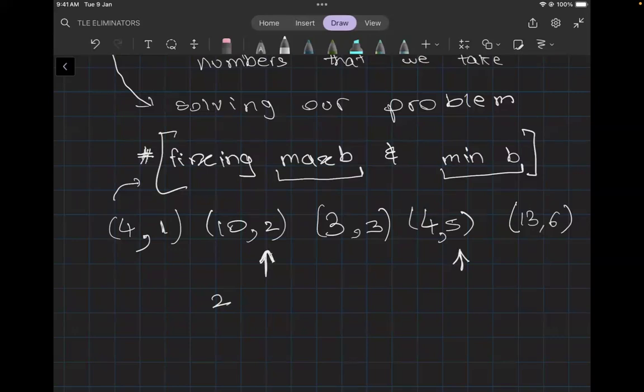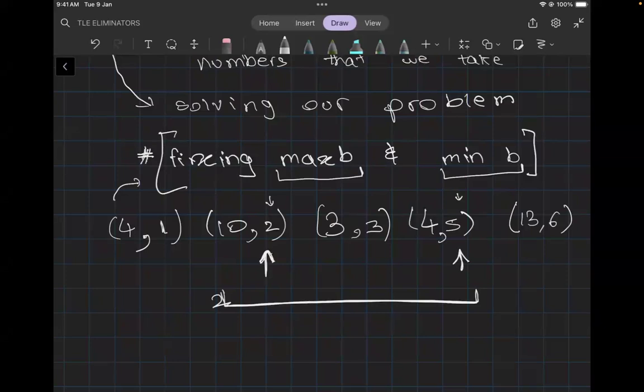Do you guys agree? I am not telling what elements we are going to take, but whatever elements we are going to take will be in this range only. Since I know what can be the min value of my B and max value of my B, like let's say if I fix something, I assume that it can be anything, right?